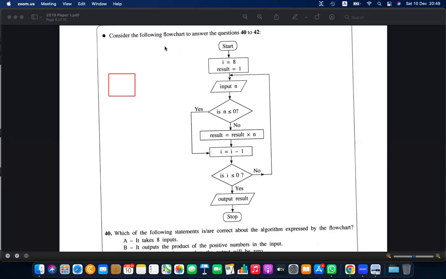Let's say there's a variable called I and I'm allocating a box to I. And there's a variable called result and I'm allocating another box to the result variable.